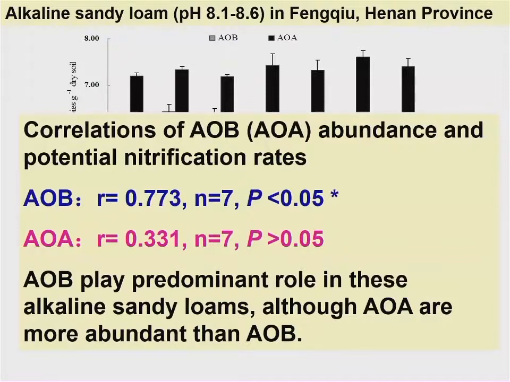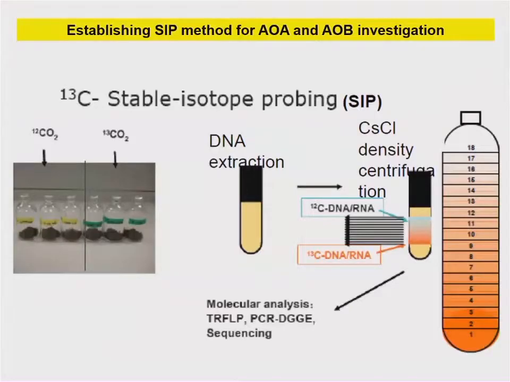But AOA does not. Actually, in this alkaline soil, only AOB play a predominant role in these alkaline sandy loams, although AOA are more abundant than AOB. So in different soils, the key players are very much different. So we want to know in each soil who is playing the role.